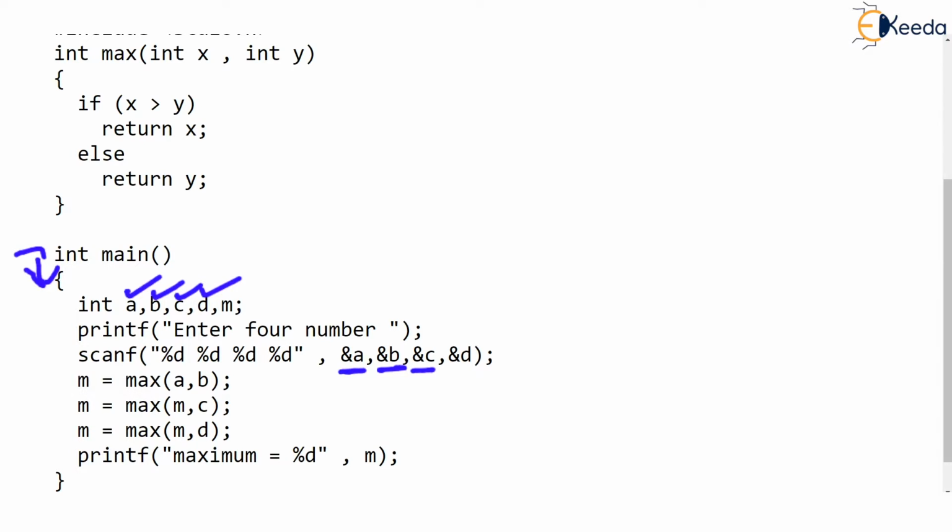So maybe the user enters a as 4, b as 6, c as let's say 2, and d as let's say 1. And our program should find out which value is largest, so it should print 6. 6 is largest. We have made one more variable m, where m will store the largest between a, b, c, d.